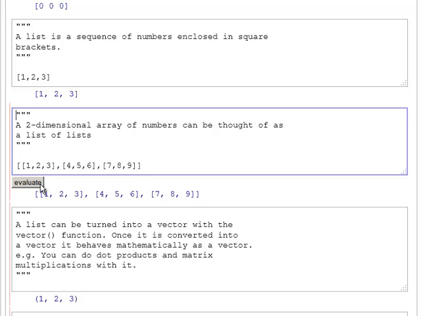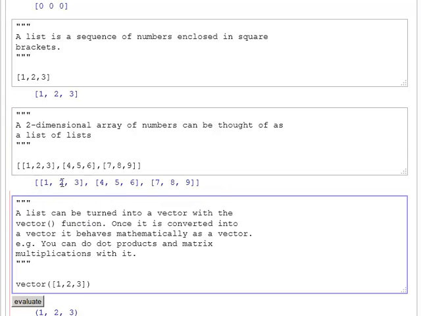So there we have a list of lists. Now, a vector looks a lot like this list of 3 digits here, and a matrix looks a lot like this list of lists, sort of an array of 3 rows of 3 numbers each.